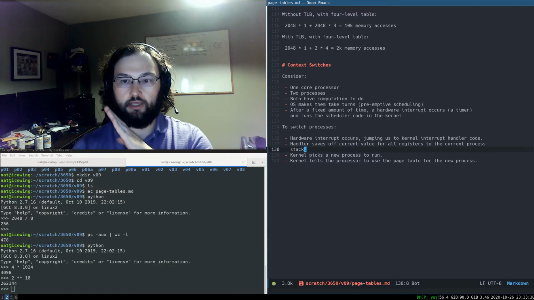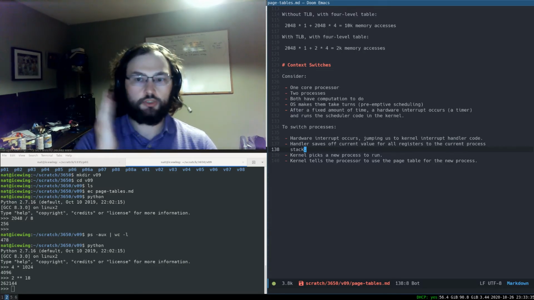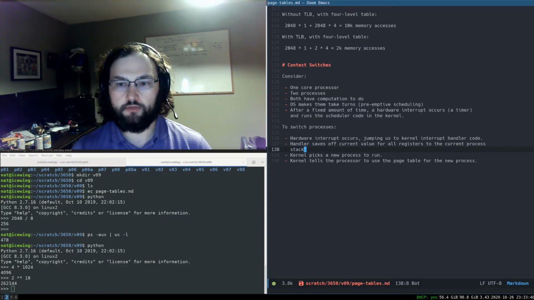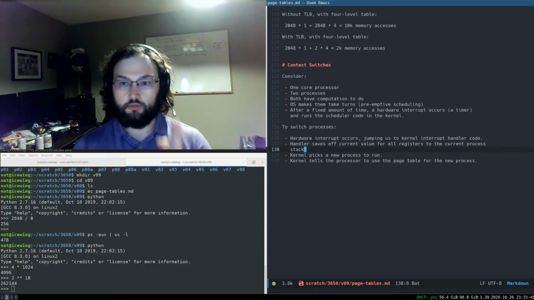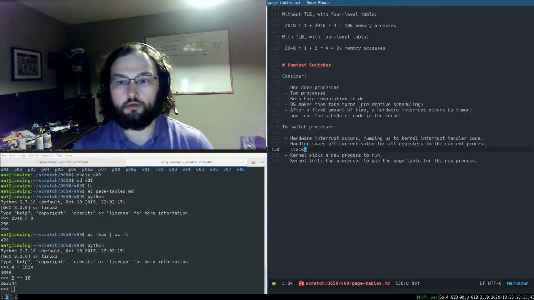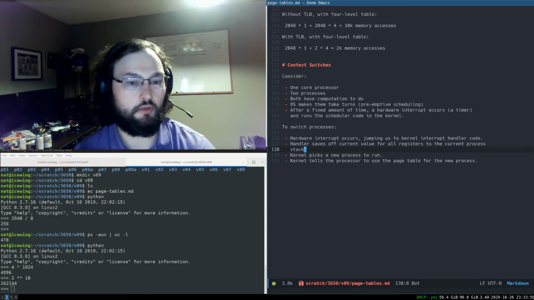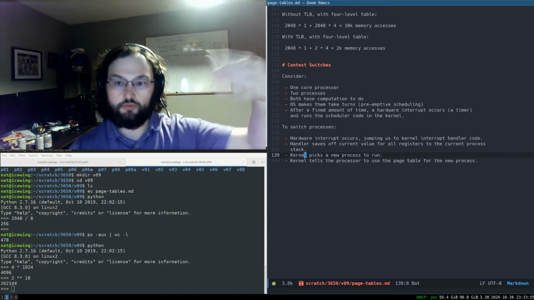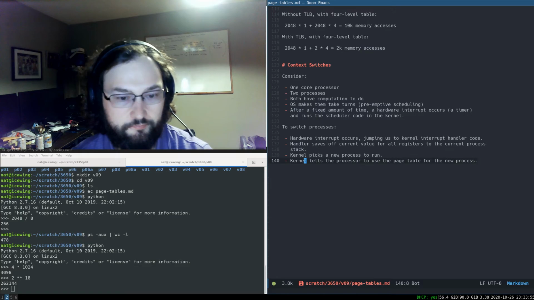We're going to go from saying that we're using the page tables for the old process, and instead we're just going to start using the page tables for the new process. On an Intel processor, this happens, I think, in a register called CR3, which is a special register that just points to the page table, and isn't something that you can access outside of the kernel. So we don't have to worry about it in normal code, but there is a register that points at the page table that then the MMU can use to do page table translations.